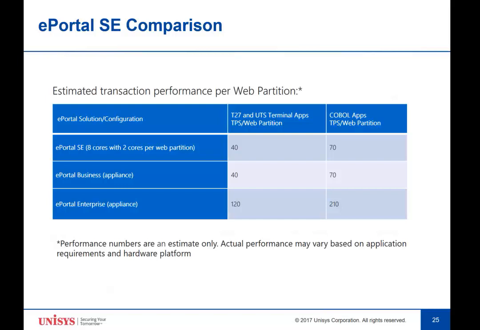But for a 2-core partition, we allow you to allocate up to 16 cores. So that's 8 web partitions at the 2-core partition allocation. But we limit ePortal SE to a total of 16 cores.